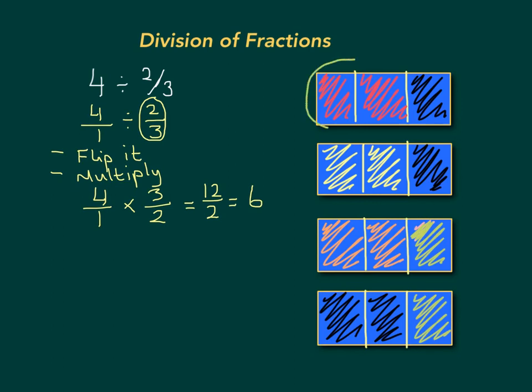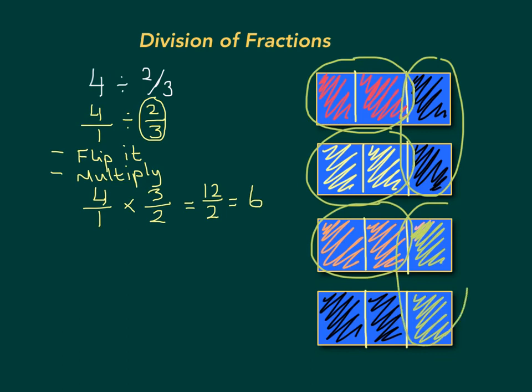We have 1 group. We have 2 groups. 3 groups. 4 groups. 5 groups. And 6 groups. So we can see it visually here that we have 6 groups of 2/3. I'm going to write that down.